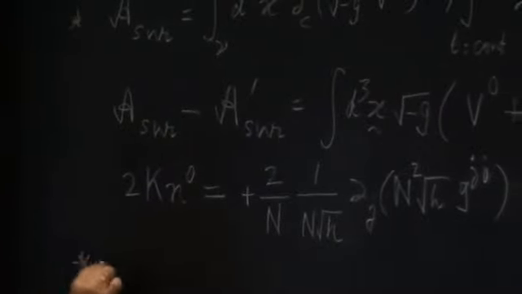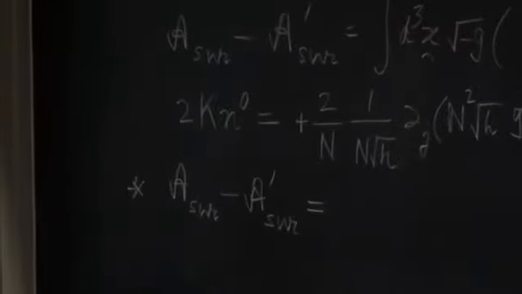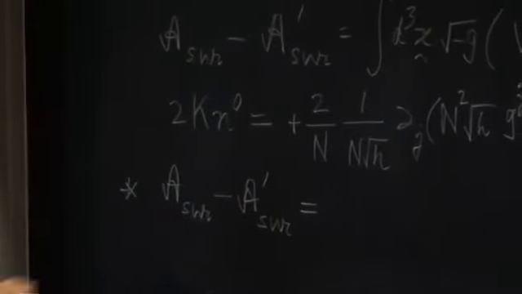Now you compare these two quantities. We are supposed to add these two terms because we want to obtain. So we have explicitly worked out each of the terms. You want to obtain V0 plus 2n0k. So you take this V0 and you add that to this 2k. So you find that this difference A surface minus A surface prime is given by, when you add them up, you get these two terms nicely cancelling out.